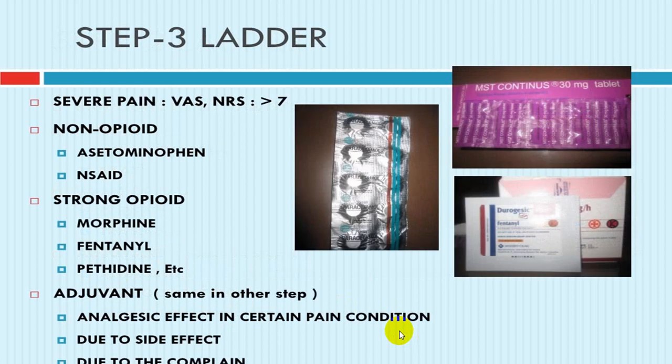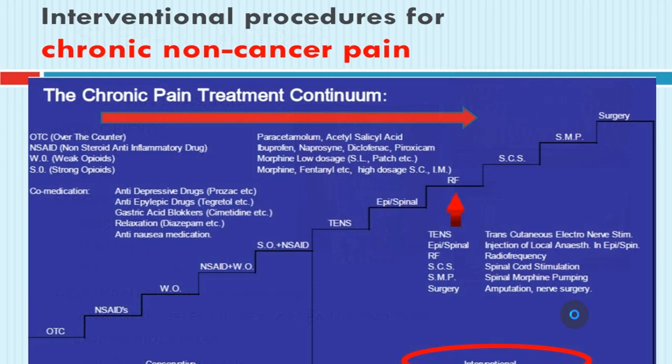While in step 3, when the person is having severe pain, usually this will not work. So you use the strong opioids like morphine, pethidine, and fentanyl in the form of a patch, or you can use an adjuvant therapy depending upon the disease itself. This is for a chronic non-cancerous pain.